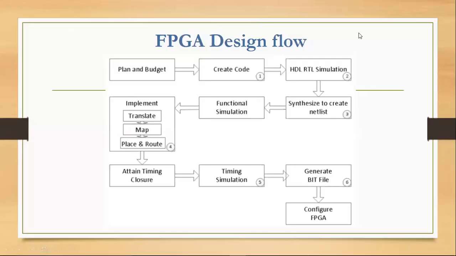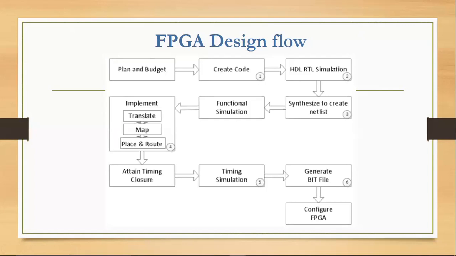After completion of this mapping, we go to the next step, place and route. Here it takes the mapped NCD file, places and routes the design and produces an NCD file that is used as input for bit stream generation.